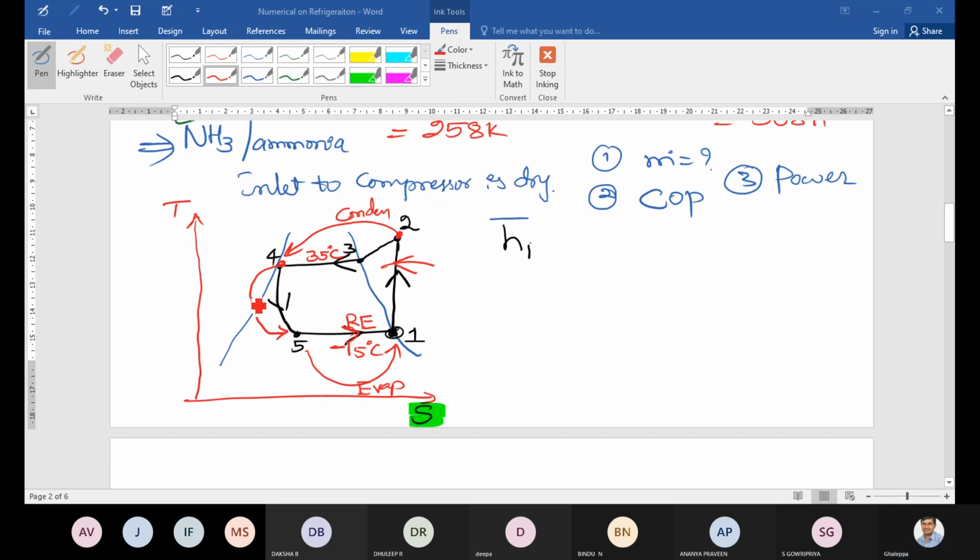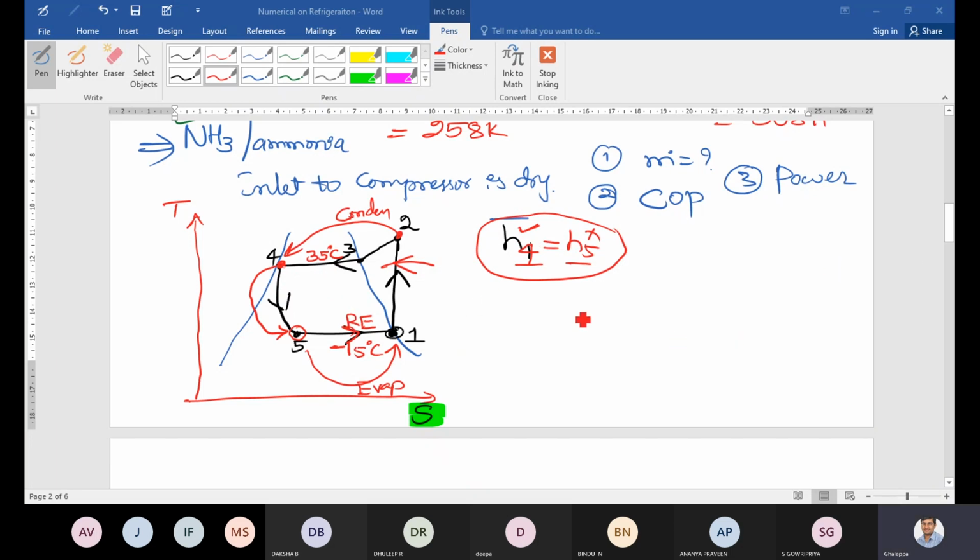What is the condition for a throttling process? H4 is equal to H5. Remember this, because many students waste their time in the exam calculating the enthalpy at point 5. This is an important hint. 4 to 5 is a throttling process, so during throttling enthalpy remains constant. Blindly write H4 equals H5. Calculating H5 is difficult compared to H4, and H4 I will get directly from the thermodynamic data handbook.